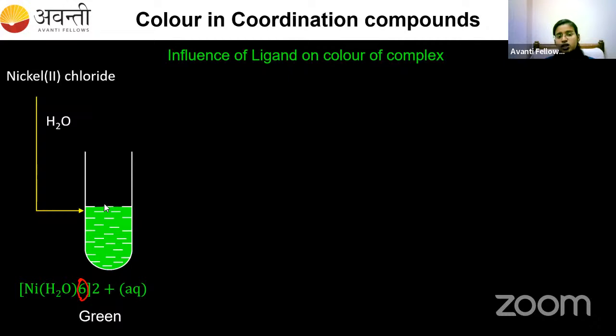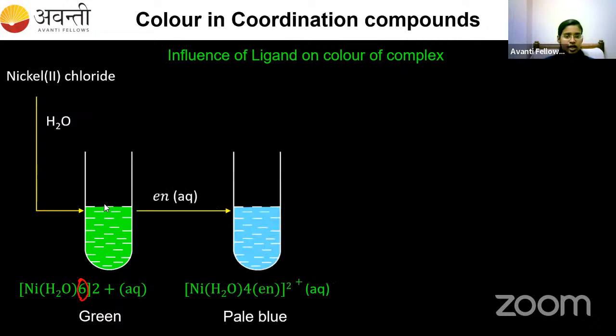Now, to this complex, if I add ethylene diamine as a ligand, it is a bidentate ligand, right? So what will this ligand do? It will kick out 2 water molecules from this complex, and one ethylene diamine will take the place of 2 water molecules.